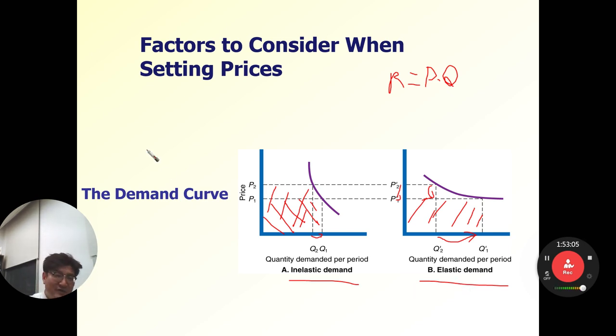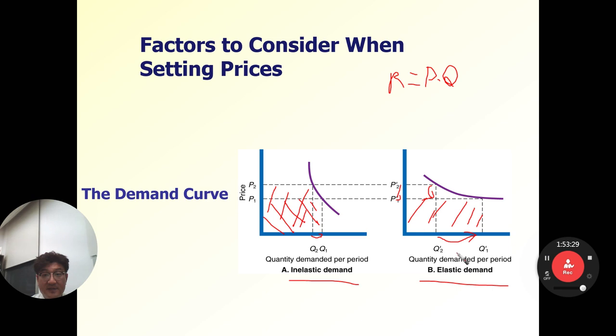Okay, here is a question. I know that you've already studied this one in, say, high school or introduction to economics in your freshman days. My question is, as your marketer, what kind of demand do you want to get? What kind of demand curve do you want to get? This one?